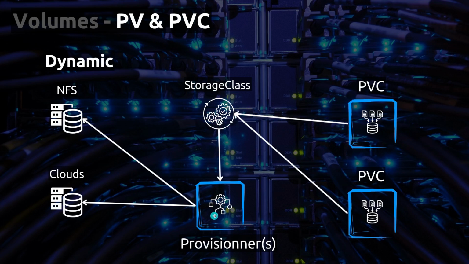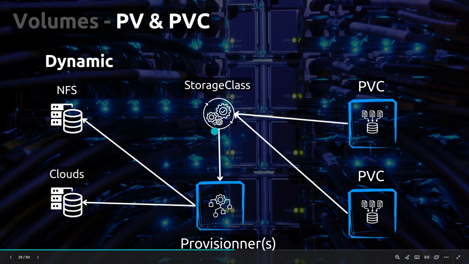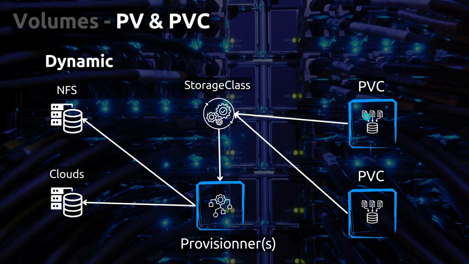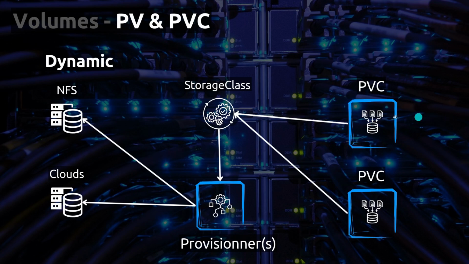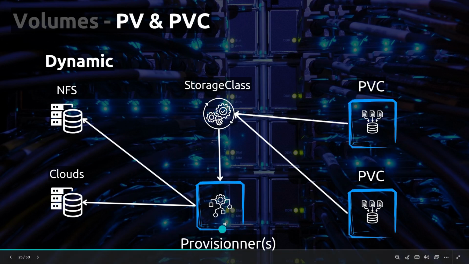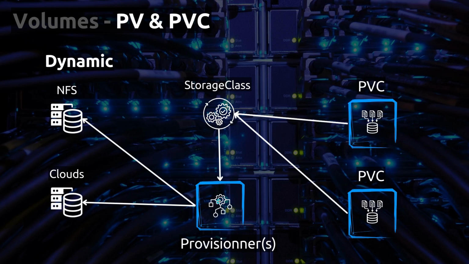And when you create a new PVC, you just set the storage class name to use this dedicated storage class, and of course the provisioner can discover the change, see that you want to use the storage class, and take the specifications inside your PVC, for example the volume size, the read-write mode, etc., and use it to provision what you need, according to the purpose of your provisioner.